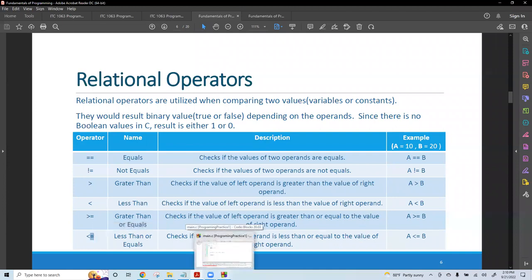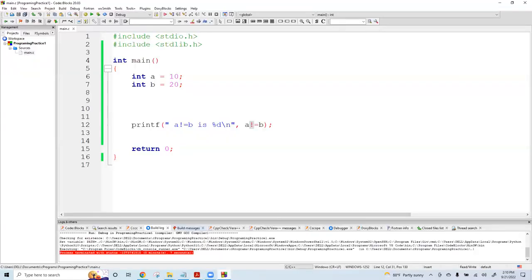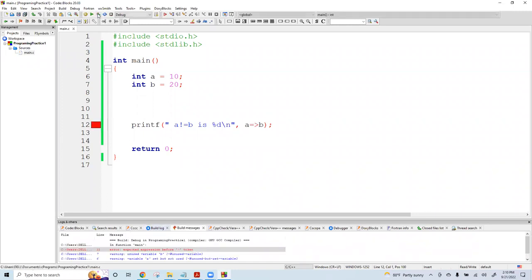So then it is not greater than or equal, greater than or equal, right? Like instead of using greater than or equal, like this, definitely it will give an error.